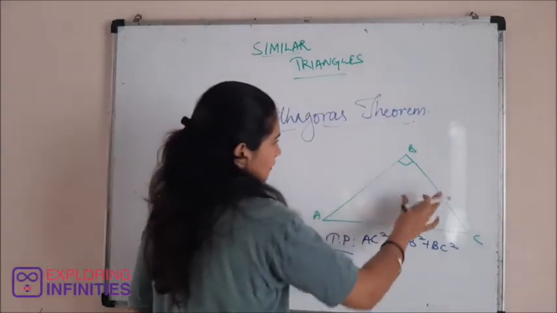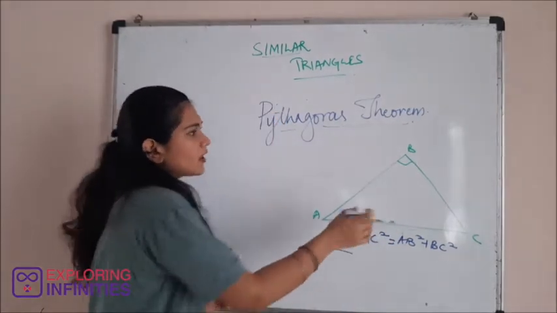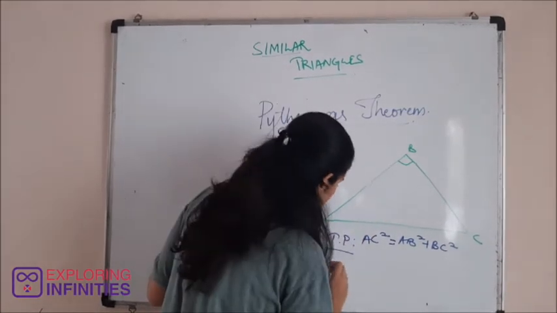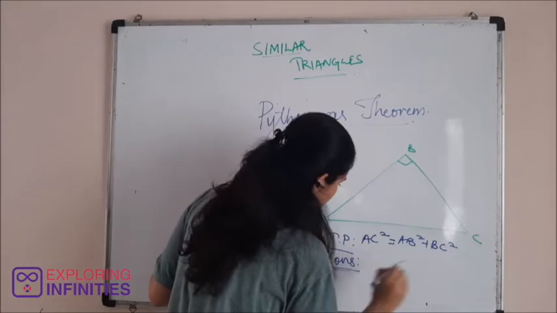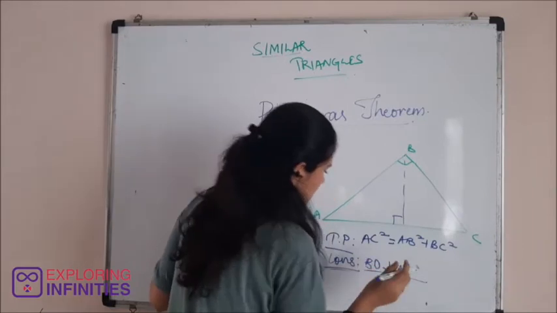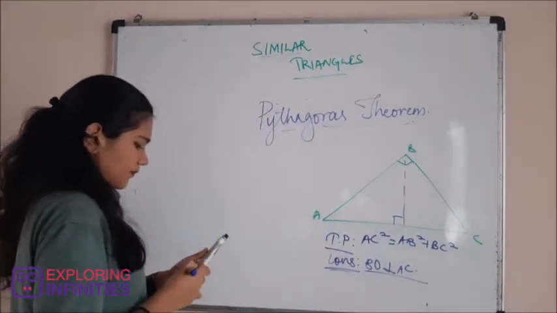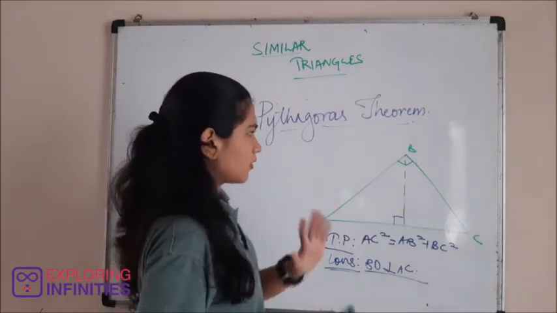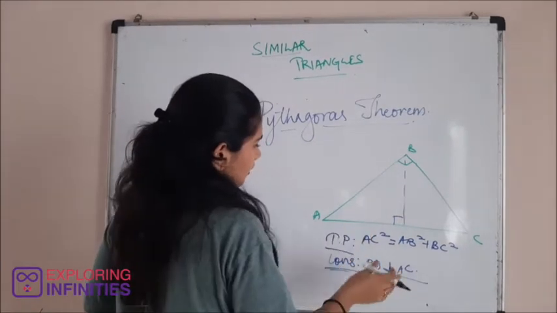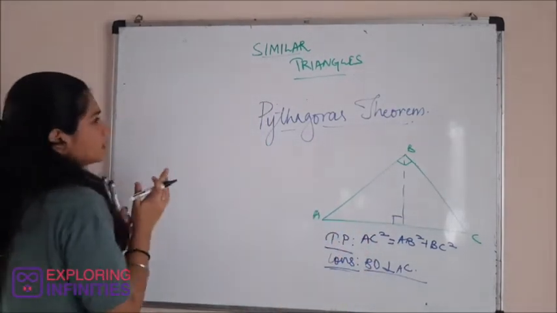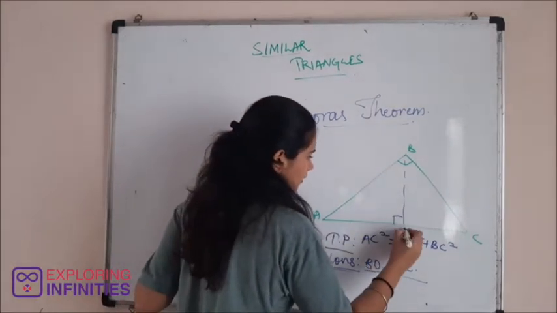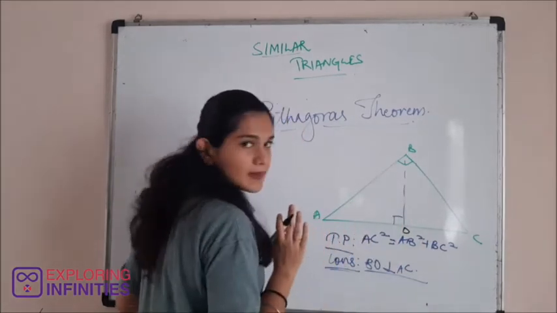We are given triangle ABC, wherein angle ABC or angle B is equal to 90 degrees, and now we'll have to construct something. So construction would be nothing but a perpendicular to the hypotenuse, perpendicular to AC. Now let us move on to prove the Pythagoras theorem. In the last theorem, theorem 8.7, you had proven that triangle ADB and triangle ABC are similar to each other.